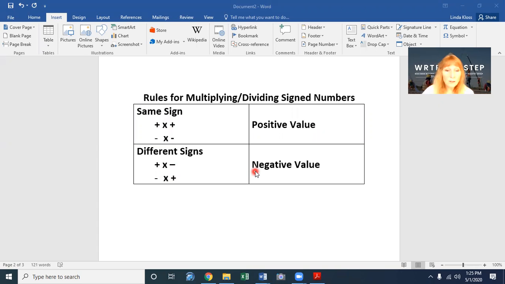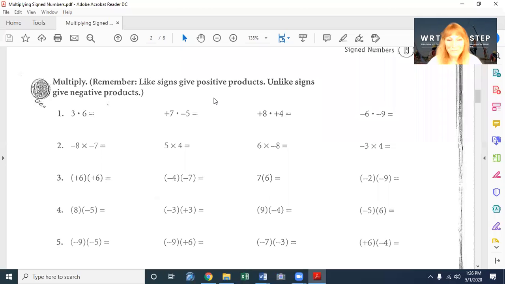So let's take a look at some problems. In your packet, we will be looking at page 19, and I will bring that up on the screen for you, but you might want to have your packet handy so you can take a look at it and fill in some of the answers as we go. So this is page 19.